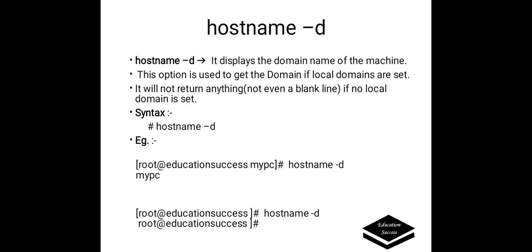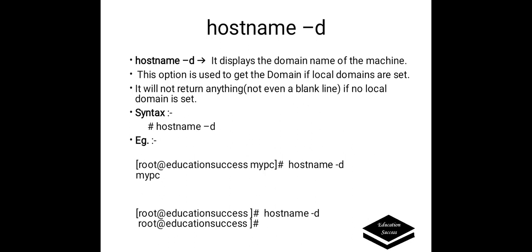Next option is hostname with the -d attribute. It displays the domain name of the machine. This option is used to get the domain if local domains are set. It will not return anything, not even a blank, if no local domain is set. Syntax: hostname -d.